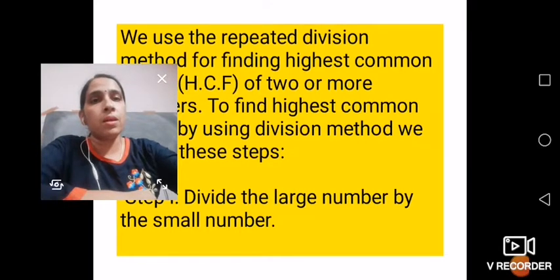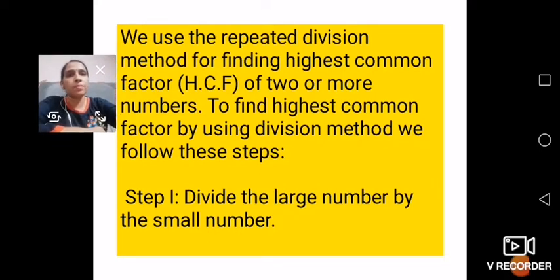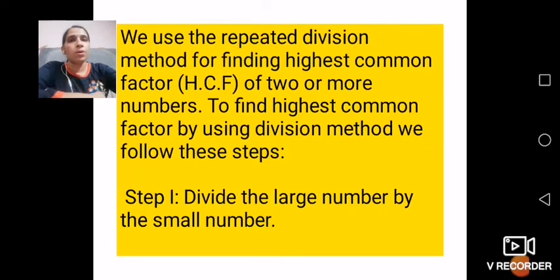Now I'll make this a little bit smaller so that the slide will be clear to you all. We use the repeated division method, that is the successive division method, for finding the highest common factor, which is also called HCF.